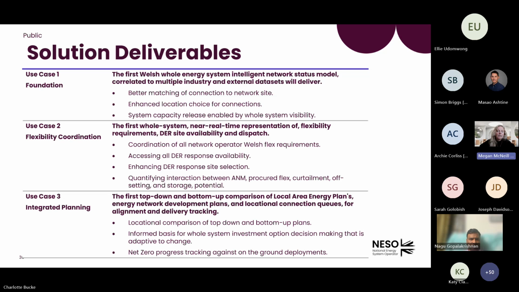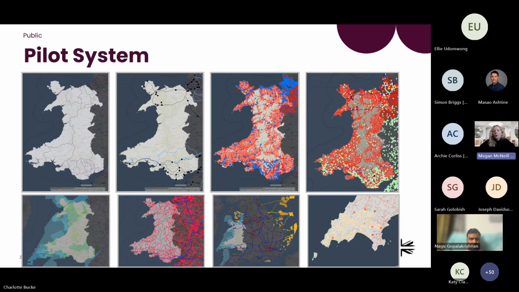Next slide, please. In the alpha phase, we presented some mock-ups of what the foundation model will look like. It's also an example of how we're ingesting different types of data. We've got the Welsh boundaries, the electricity and distribution data. There are 2 DNOs, so it's about how that connection is visibly seen within Wales, where the DERs are.